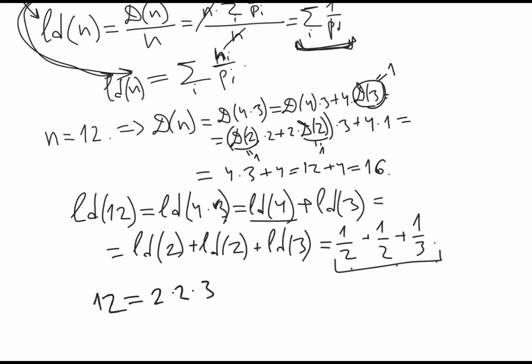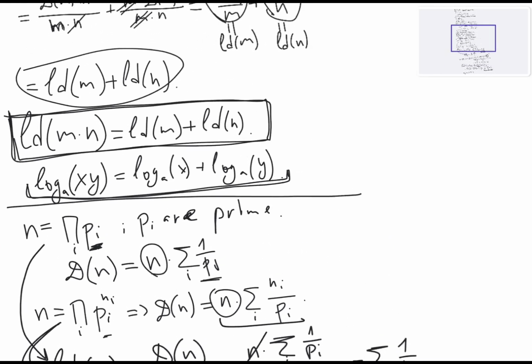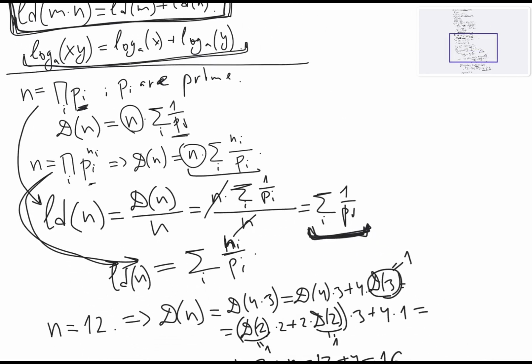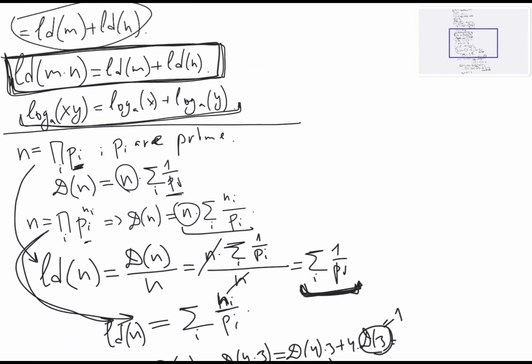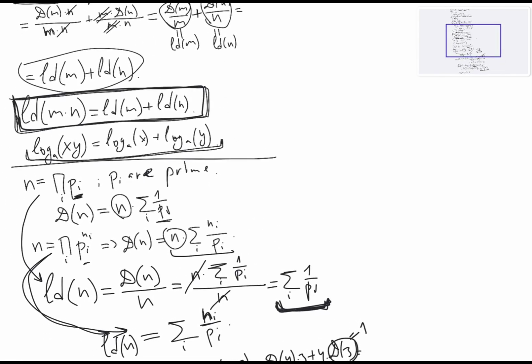So then it is equal to this, and by the way, in this form it is even easier to prove directly from the product rule. So from this product rule, we don't even need to use the formula for d. So from the product rule, we simply write that. Okay, let's write it here.